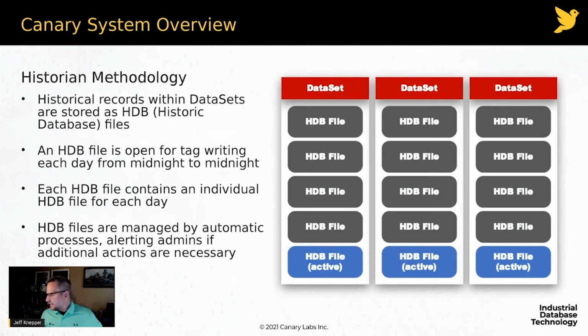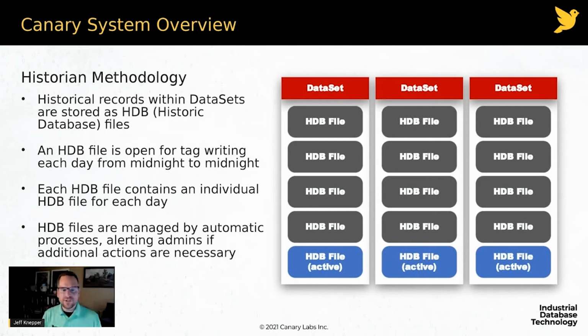Now, when we look inside of the actual data sets themselves, we will find that within the data sets, we have a collection of historic database files, or HDB files. So within each data set, think west and east again, we will have multiple HDB files.